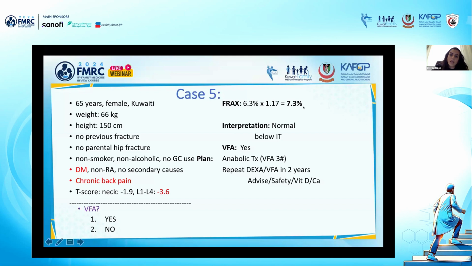And then you multiply by the FRAX, and you get 7.3. You will interpret the 7.3 on the chart, and if you see for a 65 years old, it is below interventional threshold. However, we have asked for a VFA, and I'm going to show you the results.